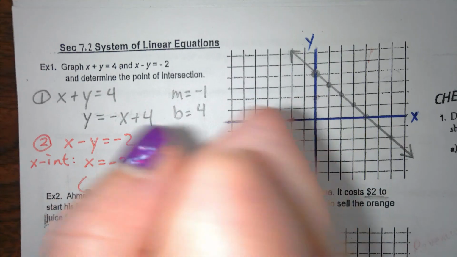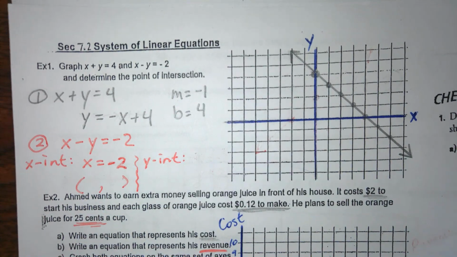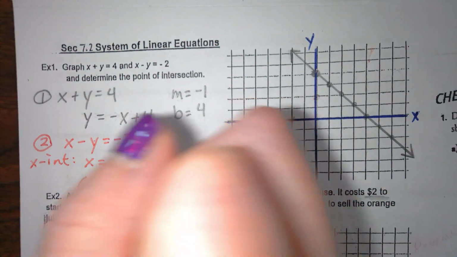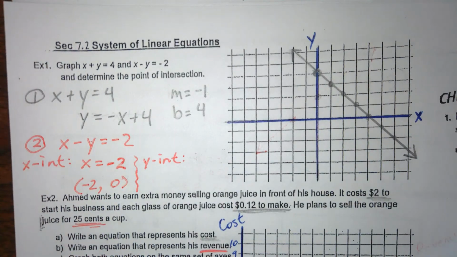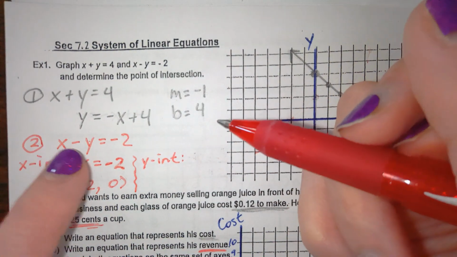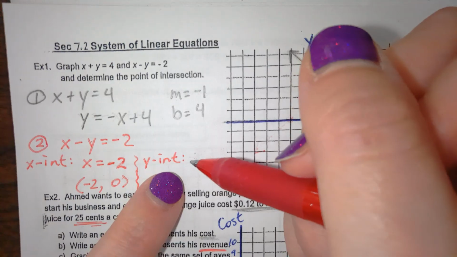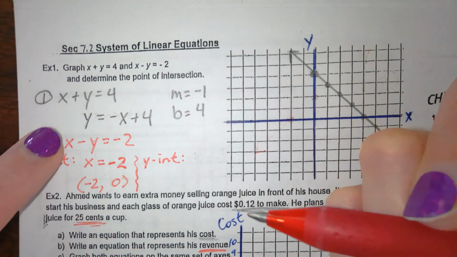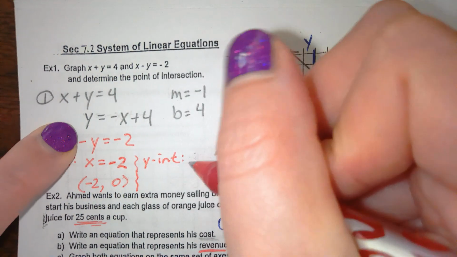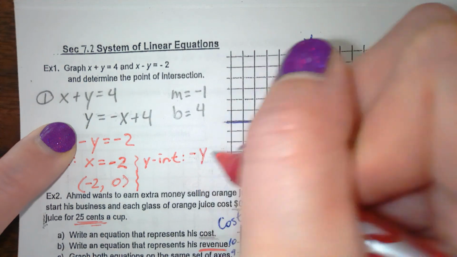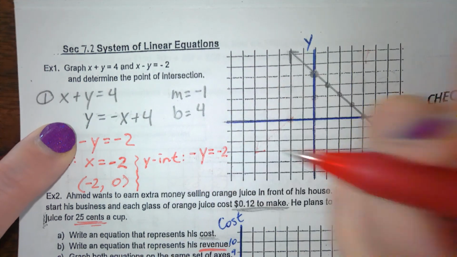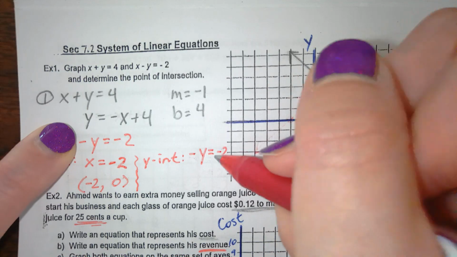Okay, so what is the coordinate here? Yep. Negative 2, 0. Perfect. Okay. Similarly, if I want to find the y-intercept, that means I'm going to let x be 0. So when x is 0, I have negative y equals negative 2. And so Zachary, negative y equals negative 2.